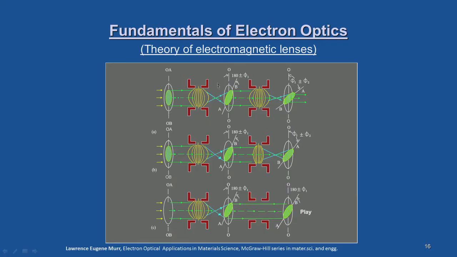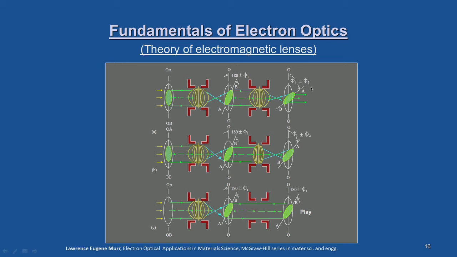Here also you can see that OA, the object, is inverted, and it is not just inverted, inversion takes place at 180 plus or minus phi 1. You have an additional rotation here, and if you have double lenses, then it is further rotated back to AB, but the additional rotation is added, that is phi 1 plus or minus phi 2.